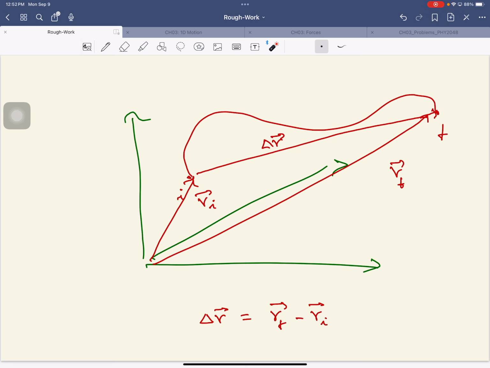Ri, the initial, plus delta r is Rf. You can see that in the diagram. There is the initial vector, and there is the displacement vector. This vector plus this vector is the final vector. So the displacement vector is just a vector pointing from the initial point to the final point.